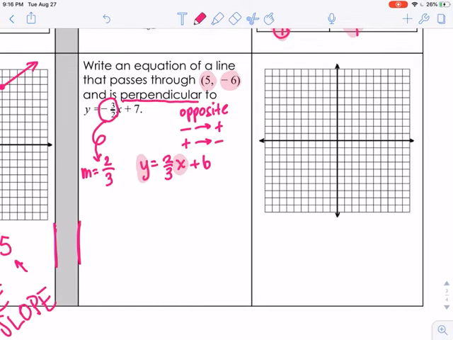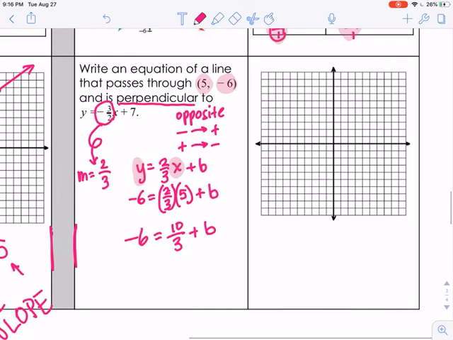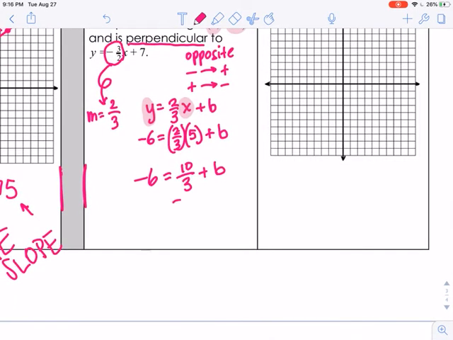So I have negative 6 as my y, and I have 2/3, my slope, times x, which is 5, plus b. In this case, I'm going to multiply. 2 times 5 is 10 over 3. And then I have a positive 10/3. I'm going to subtract 10/3 on both sides.